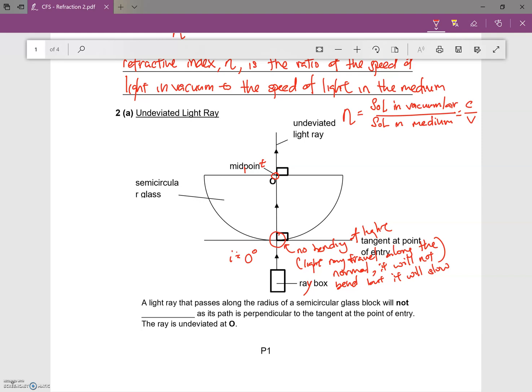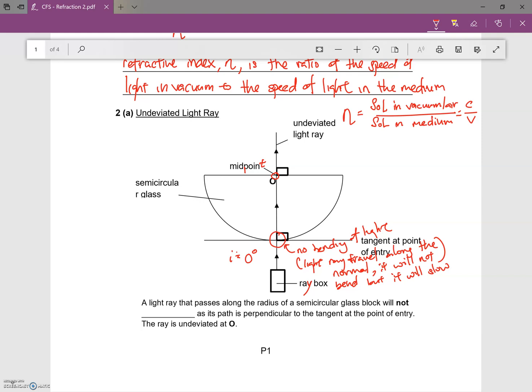Now, the next focus would be here. When light rays travel from a denser medium to a less dense medium, we will normally think that it should bend away from the normal. However, it's the same phenomenon here. The light ray is traveling along the normal, so it wouldn't bend. It will still undergo refraction in terms of changing its speed, but it will not bend.